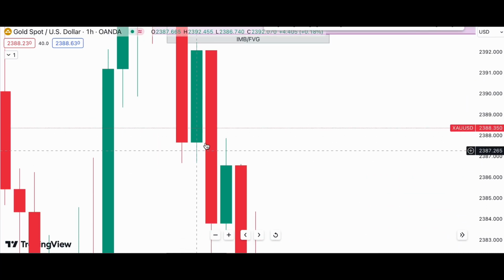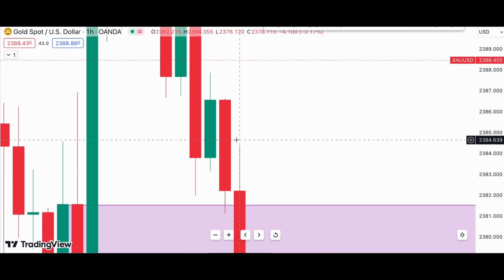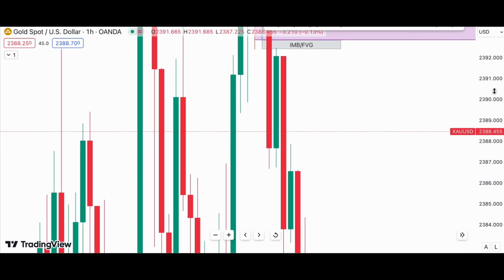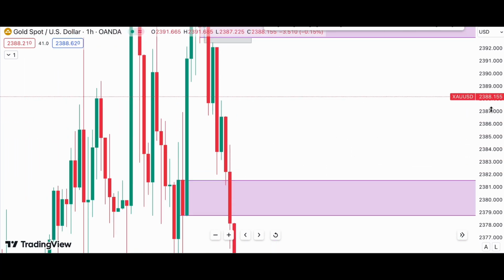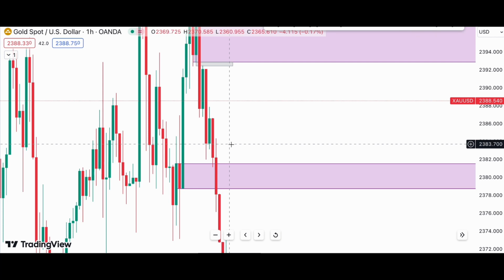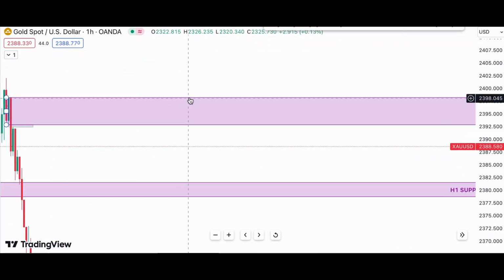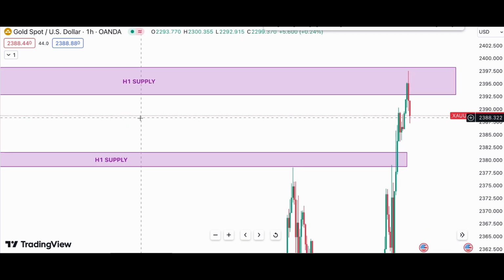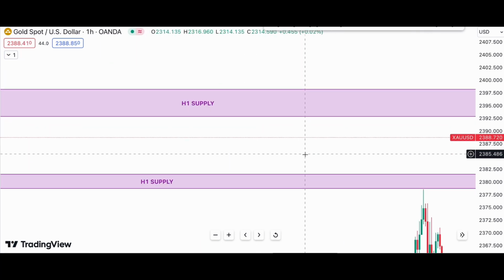As we see right here, no fair value gap. Here, also no fair value gap. So most of the orders inside have been filled up. So the only one should be this zone. It's much more quality compared with the two at the bottom there.